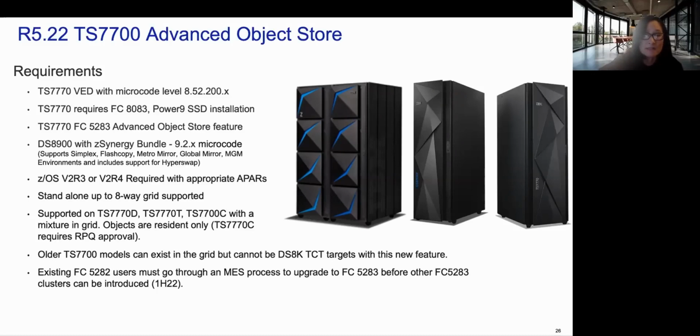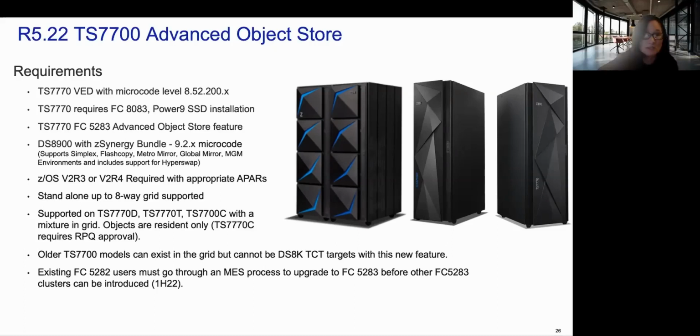And then on the DS8900, this continues to be part of their Z Synergy bundle, but you'll have to have their new code level, which supports us, and that'll be a 9.2.x microcode level to be determined. They continue to support all of their environments, Simplex all the way to Metro Global Mirror and Hyperswap environments.